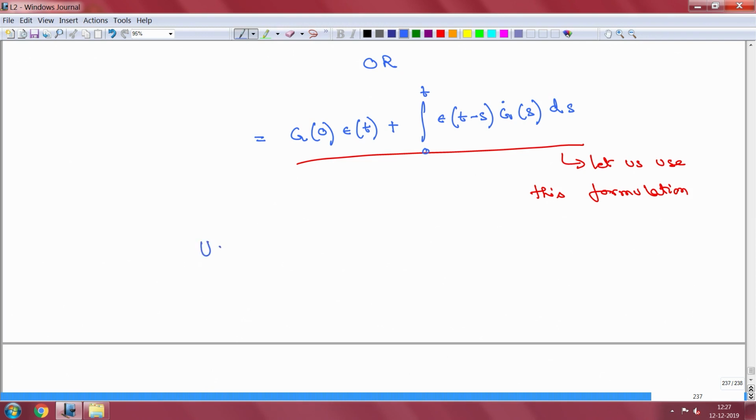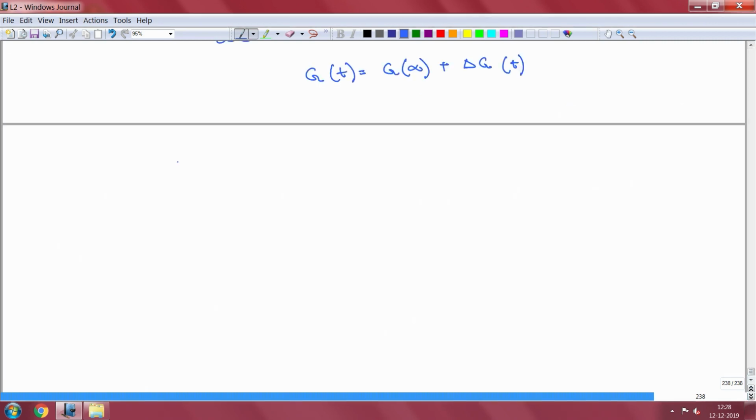So, we will assume that G(t) can be written as some G infinity plus delta G(t), where the second part decreases to 0 as time goes to infinity.